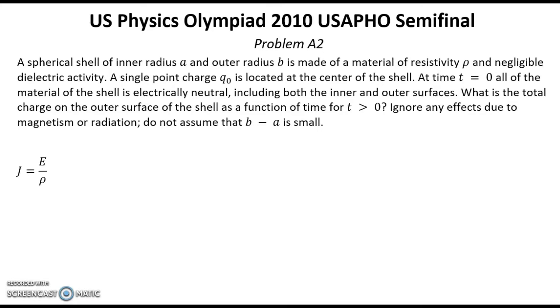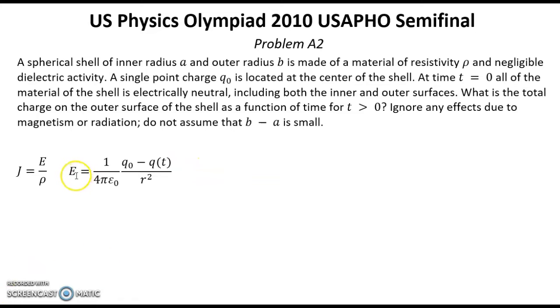In any point inside of this shell, we have Ohm law, which gives us this equation: current density equal electric field divided by resistivity. Due to symmetry, it depends only distance from the center, and we can count what is total electric field due to Gauss law.